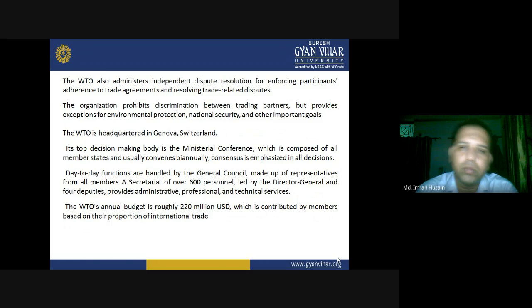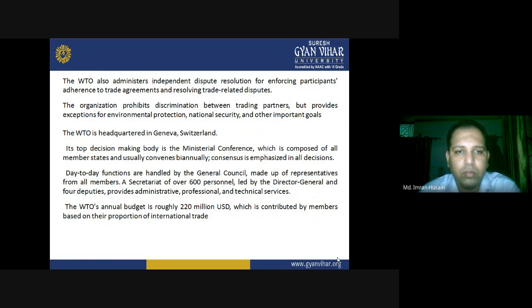So, in the long term, if we see, this organization is not at all partial, it is a very justified organization which does not discriminate between its trading partners, but provides exceptional cases and special security for environmental protection, national security, and important goals that are of utmost importance. So this organization does have some principles and it does not compromise with them.